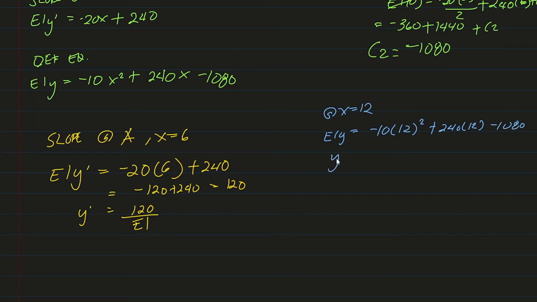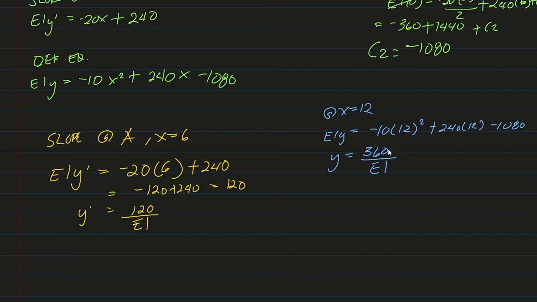So y would be equal to negative 12 squared is 144, so 1440, plus 240 times 12, minus 1080, we would have an answer of 360. So, 360 over EI.